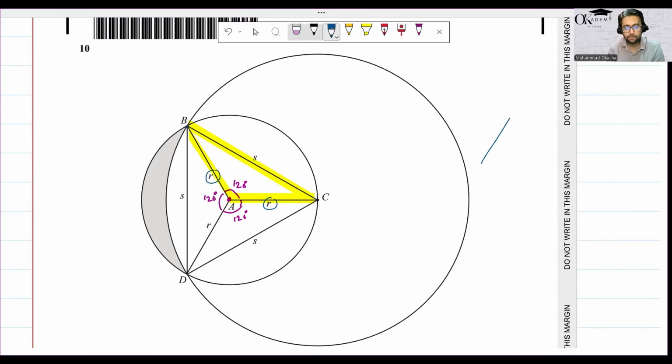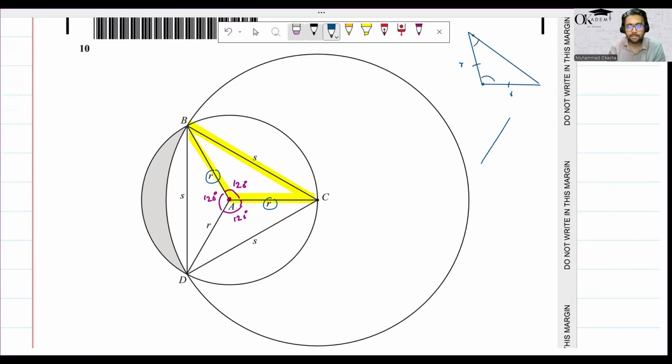I'm going to draw this triangle over here. It actually looks like this. If the sides are both R, then this is an isosceles triangle.